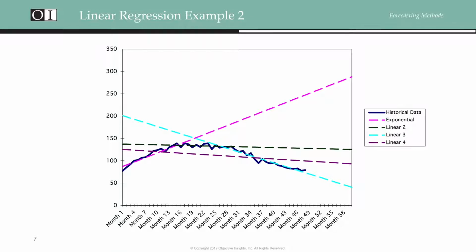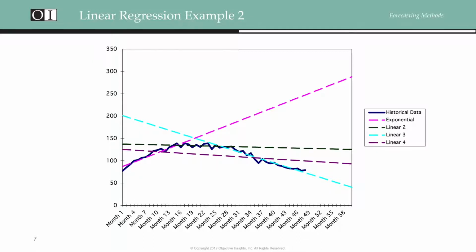If we take the middle third of the data, we get linear regression number 2, which is the dashed green line, which is relatively flat, declining a little bit. If we take the last third of the data, we get linear regression number 3, which is the light blue dashed line, which is declining pretty rapidly. And then if we take the whole data set, we get linear regression number 4, which is represented by the maroon dashed line, which is lower than the green dashed line, but it's headed in the same direction.